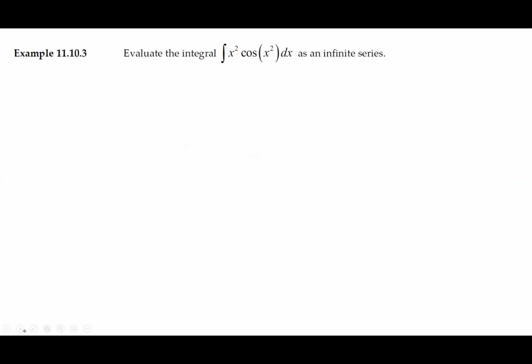Okay, and finally, let's evaluate this integral. And we're going to use that Maclaurin series, okay? So I'm going to say recall that cosine u equals the sum of negative 1 to the n, u to the 2n over 2n factorial, okay? So here's what I'm going to do.